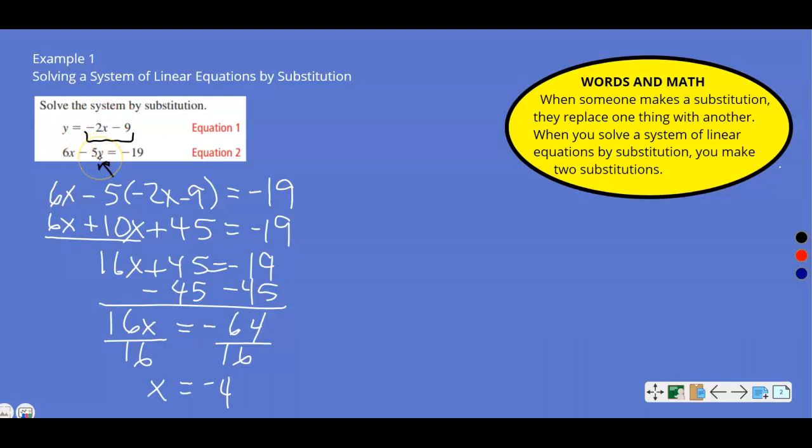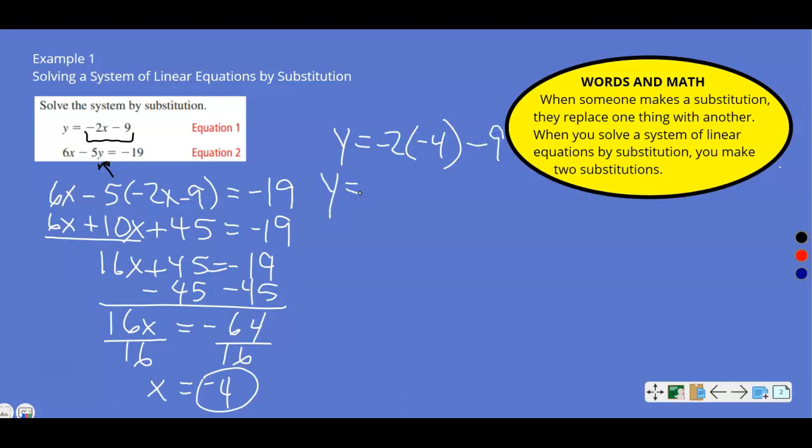Now we have to solve for y. So we're going to take our value of x and we're going to plug it into either equation. Since it says y equals this, the first equation would be the most logical to substitute into. So y equals negative 2, now we're going to replace x with negative 4, and then we're going to have minus 9.